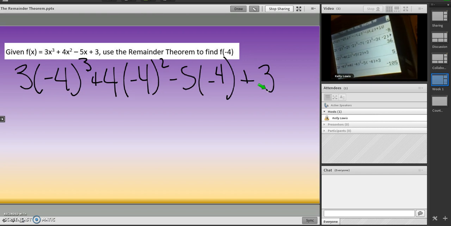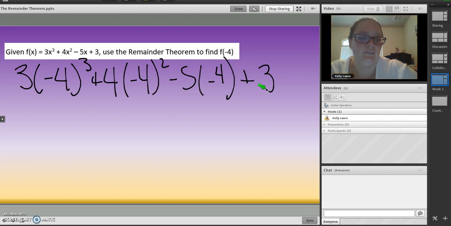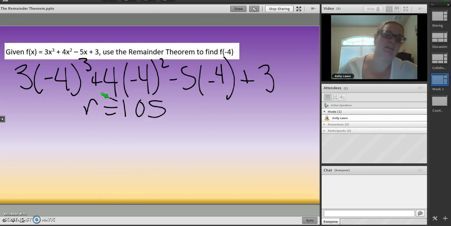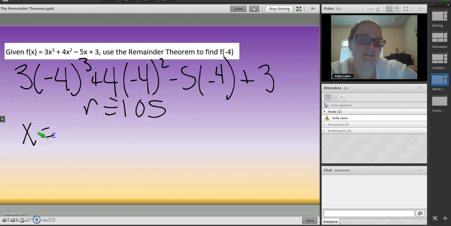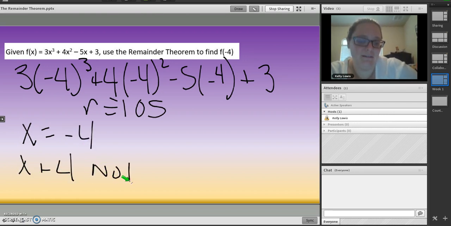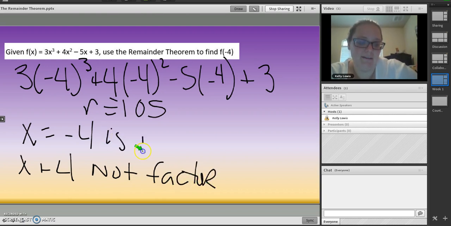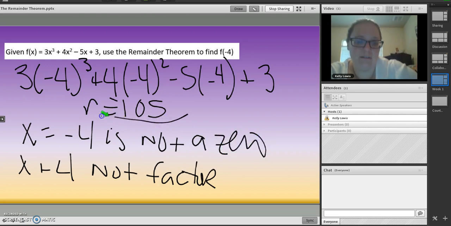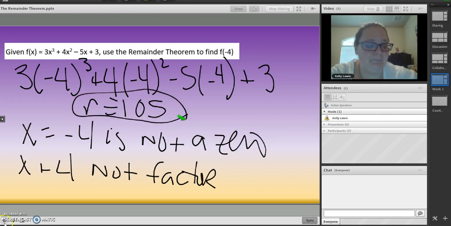I get -105. So the remainder is 105 negative. That means that x equals -4 and x plus 4 is not a factor. And this guy is not a 0. So was the remainder because it's not 0.